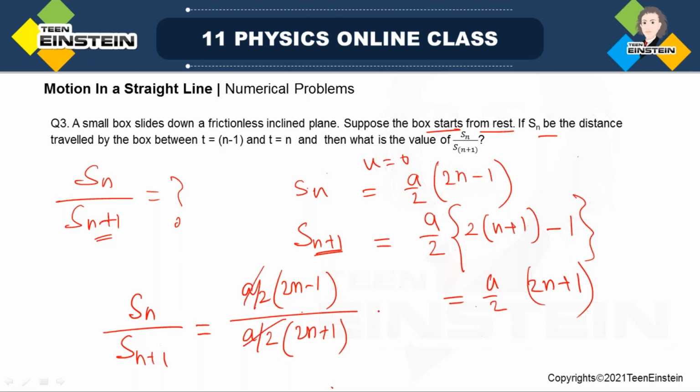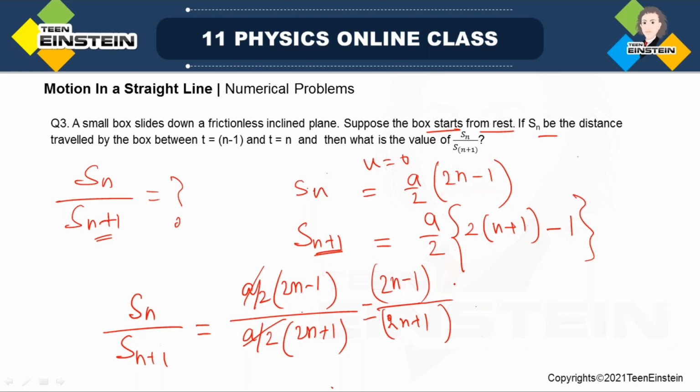The a by 2 cancels from numerator and denominator, and this is the answer to the problem: 2n minus 1 divided by 2n plus 1. This is the ratio.